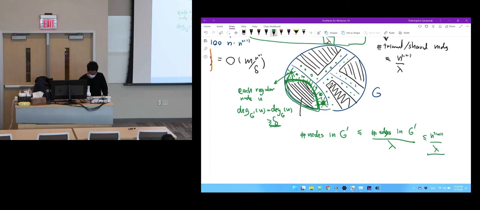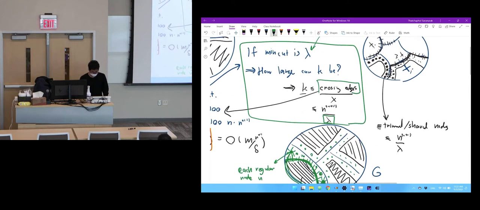So far I only get this bound. There must be a way to actually get this bound. Do you see how to do that?